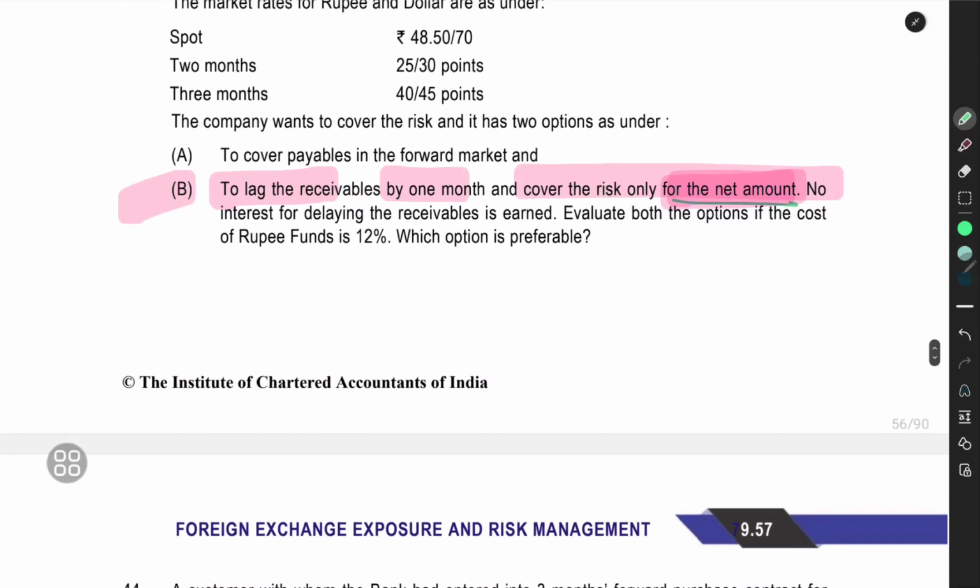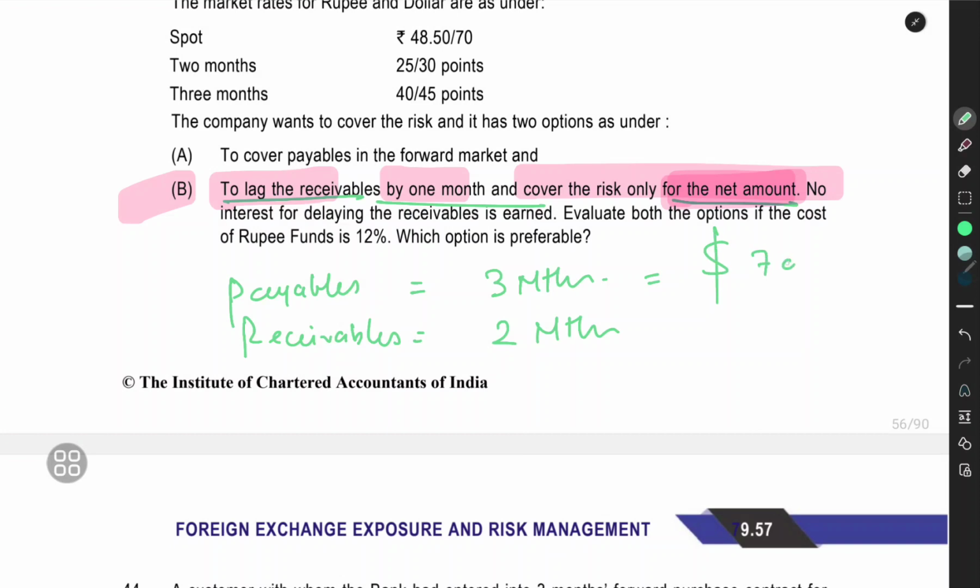So now, in order to mitigate that issue, what they have said is to lag the receivables by 1 month. See, the payables were 3 months and the receivables were 2 months. And the payable amount was $7 lakh and the receivable is $4,50,000. Okay, so dollar matches. So this part is satisfied.